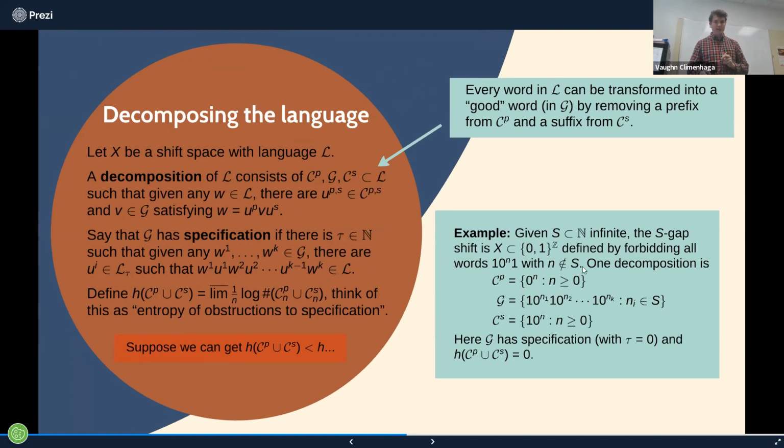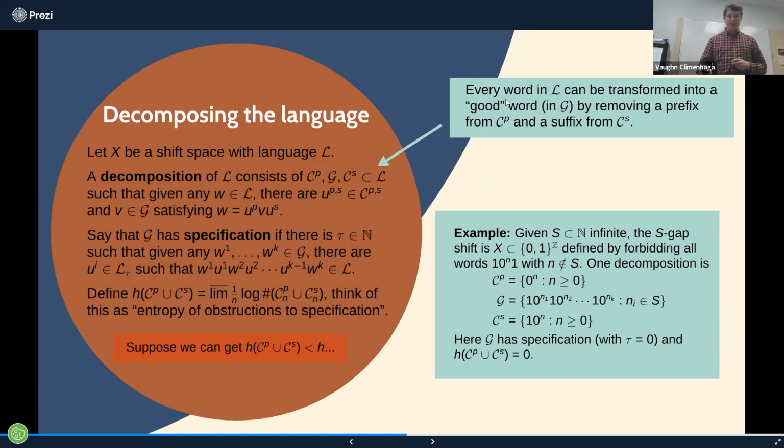A list C^p, which you should think of as prefixes or prefix constraints. A list G of words, which you should think of as good words, and a list C^s, which you should think of as suffix constraints. And formally, the definition of decomposition is what's written here.